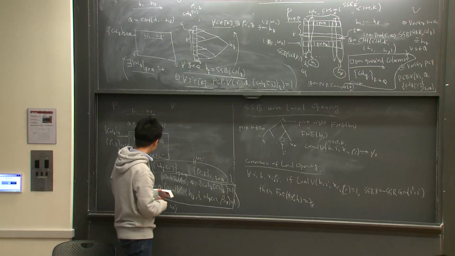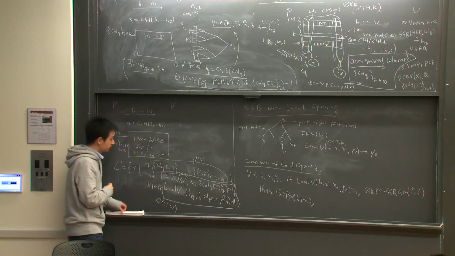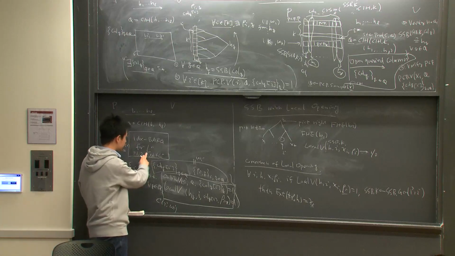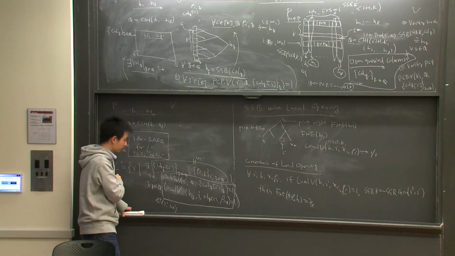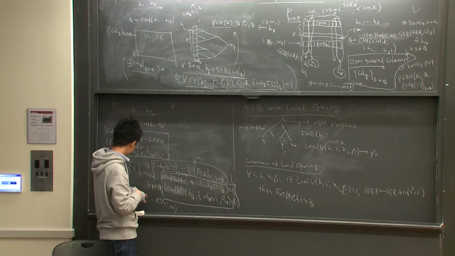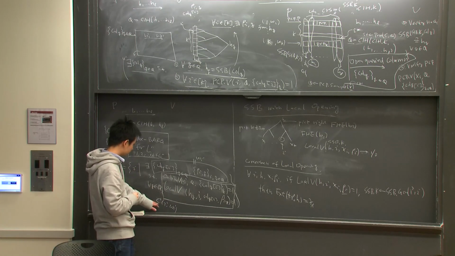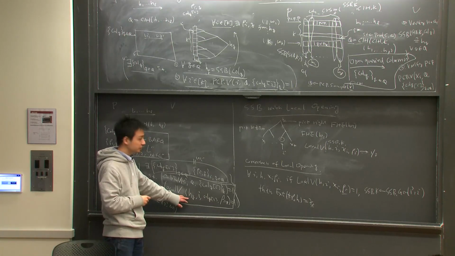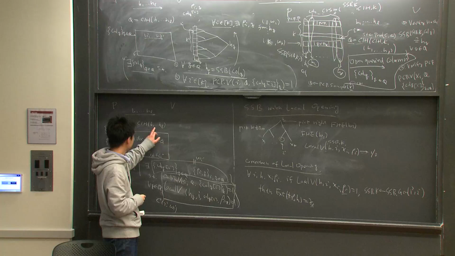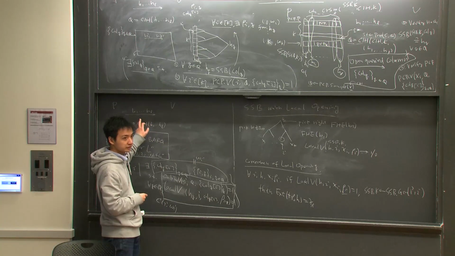But we have an issue here. The issue is L double prime will depend on the first message. Because L double prime will use this C prime, and this C prime will use the hash root, this HQ. This hash root comes from the hash value of H1 to HL.